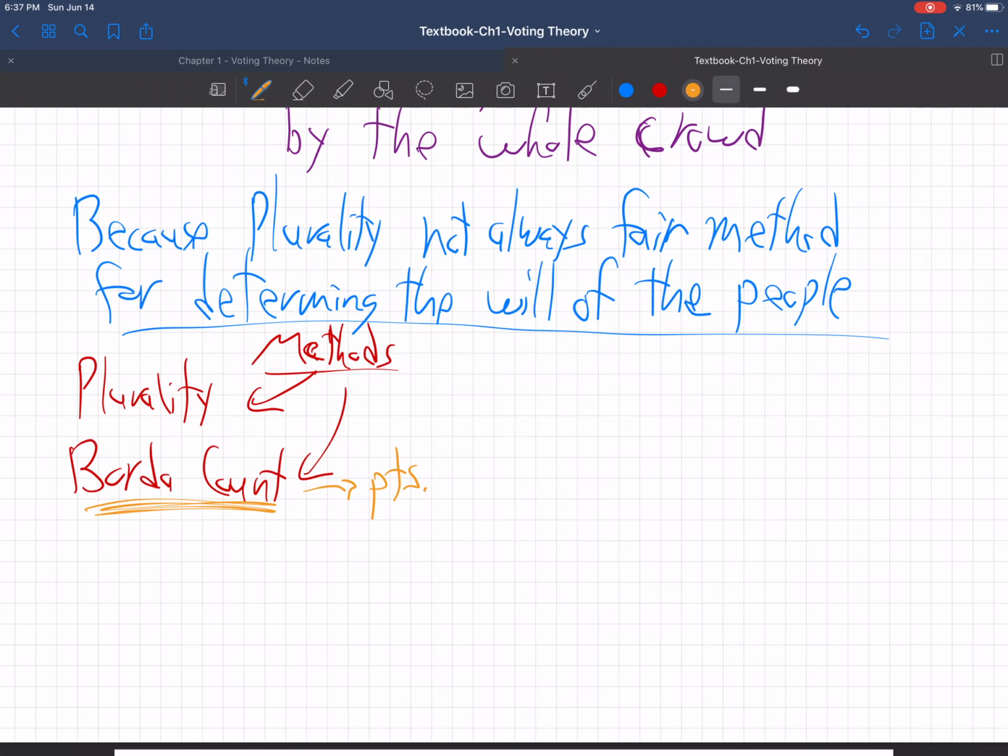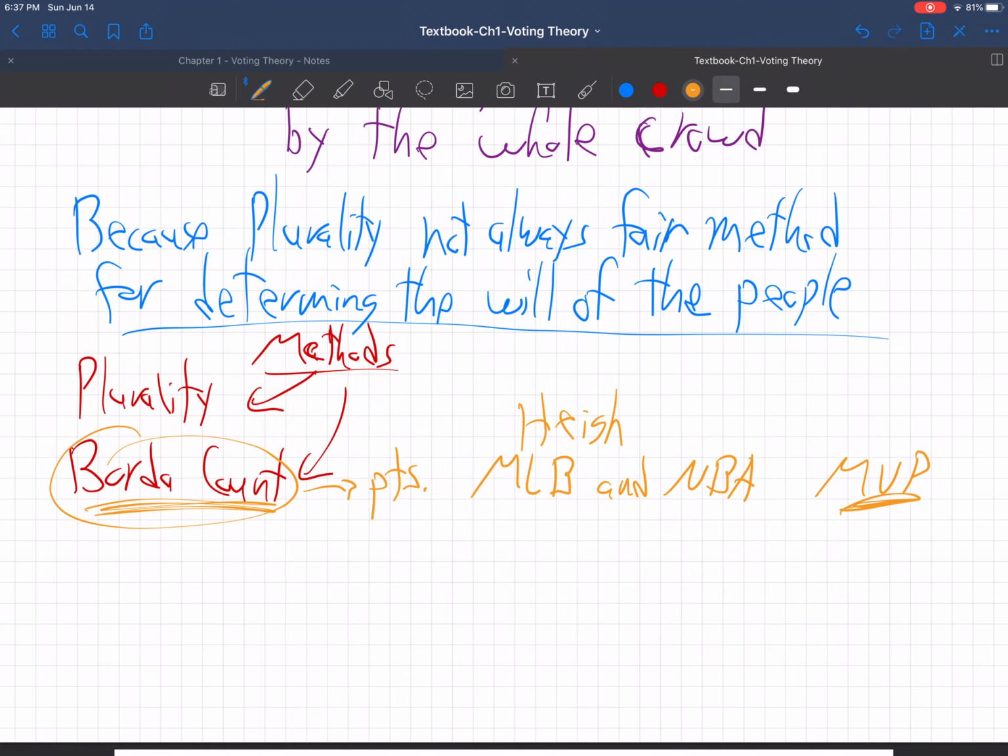They use it to determine the Major League Baseball and NBA, National Basketball Association, MVP, the most valuable player. It is determined using the Borda count method. So is the Heisman Trophy winner in college football, that's also decided by Borda count.